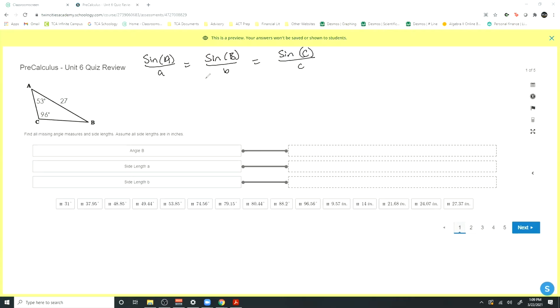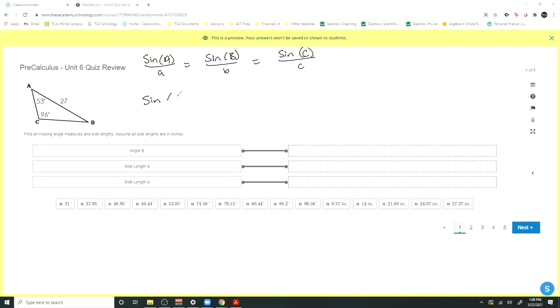The reason I say law of sines is the first thing I would do here is because in order to use the law of sines, I have to know an angle and its opposite side length. Well, I know that with C, right? I've got 96 degrees is angle C, and side length c is 27. So I know for sure I'll be using this sine of C over little c.